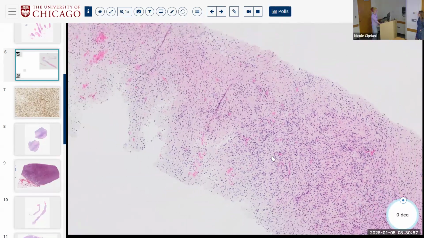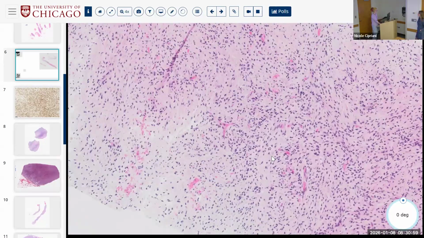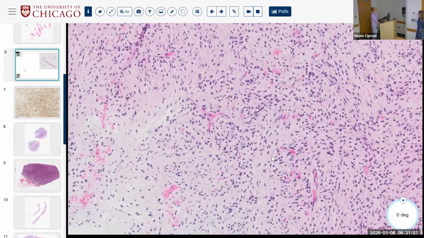So for differentiation, I'm more thinking about the fibro, myofibro bucket. It can be either benign or low grade sarcoma. Combining with the myofibroblast bucket, or it can be nerve sheath differentiation.